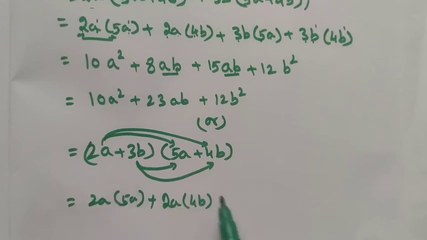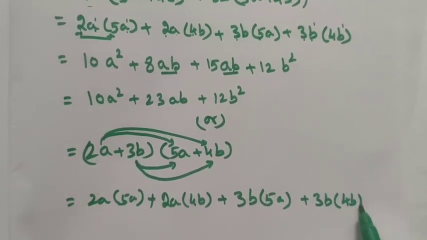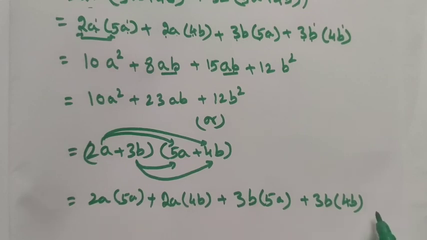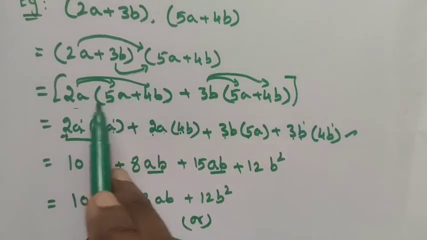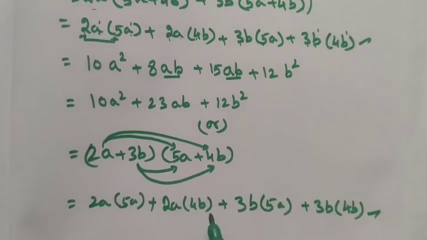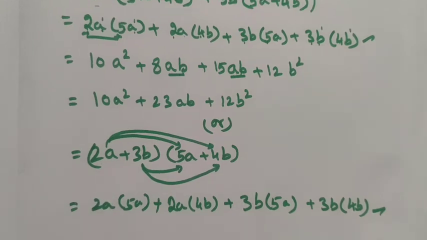Now here we have plus 3b into 5a plus 3b into 4b. Now check this. This step is equal to the earlier one, right? Except you avoid this step only, that is the other method. This is the way you multiply two binomials. So strictly follow these steps and methods. Thank you, students.